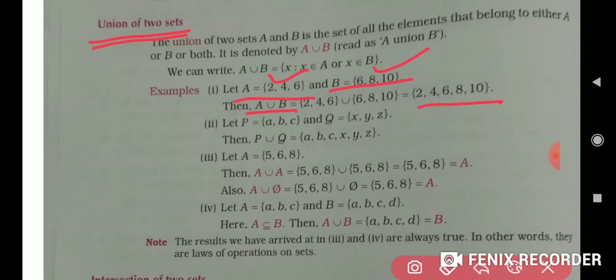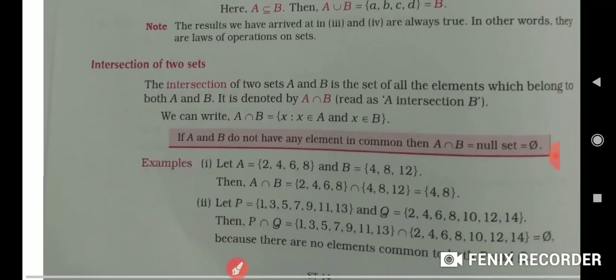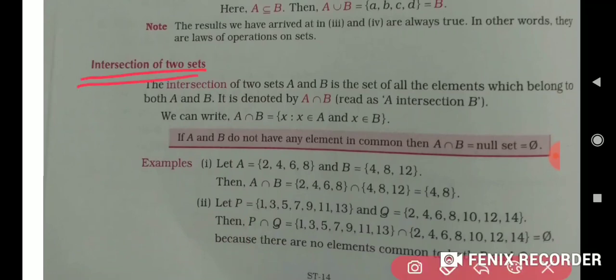Then what is the meaning of intersection? For example, A intersection B. A intersection B means the common elements of A and B. Just see here.